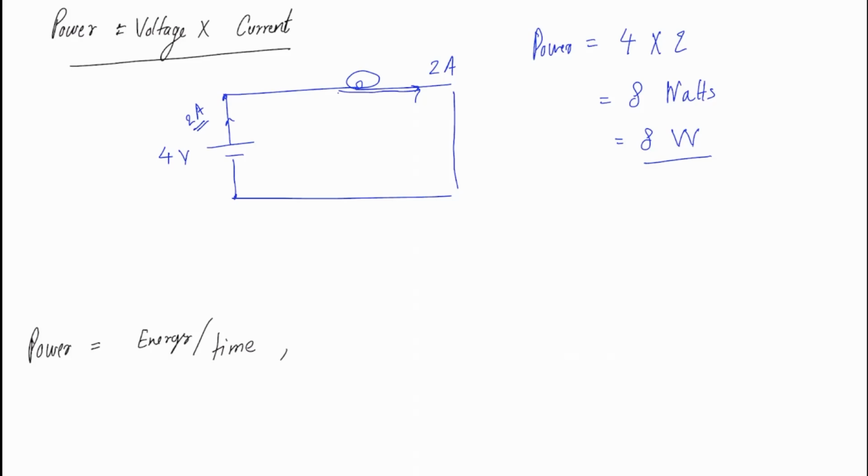Remember, I don't have to measure it, because I know a 4-volt battery is giving this voltage to only one bulb. So the bulb will get the whole amount of voltage given by the battery, and that is 4 volts. So the power supplied by the battery is 8 watts, and the power received by the bulb is also 8 watts.